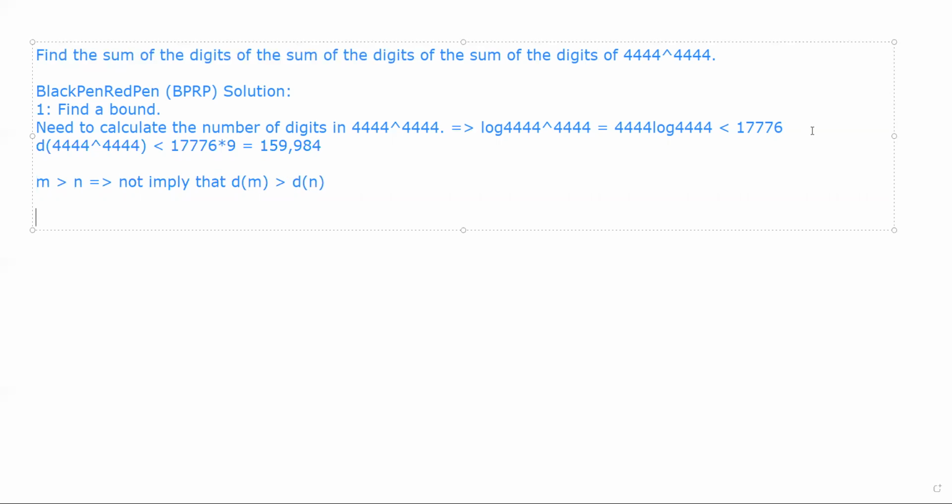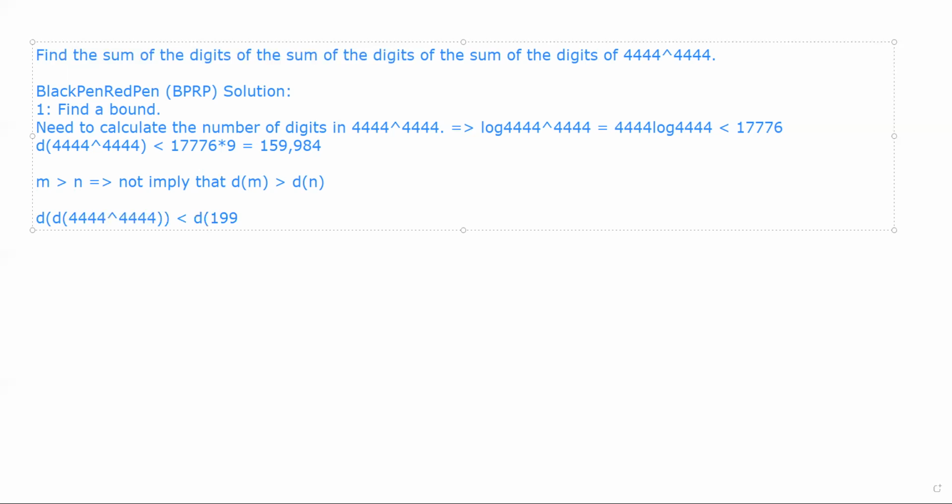Then he said D of 4444 to the power of 4444 is less than D of 159,984. Now you could replace all these digits by 9 to get a maximum, but he said that won't be very effective, and that's true. So what he did instead was keep the first digit, but make all the others 9.